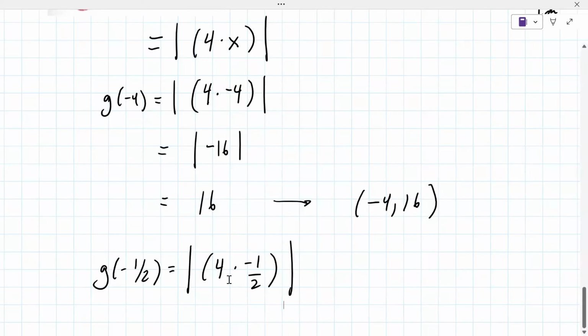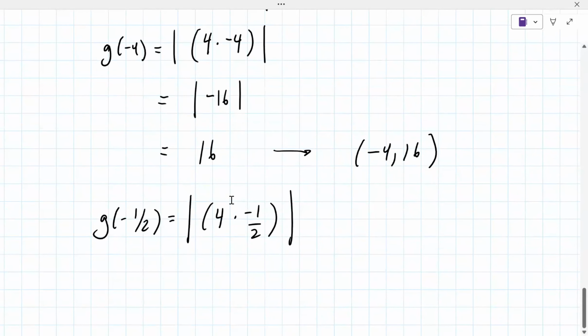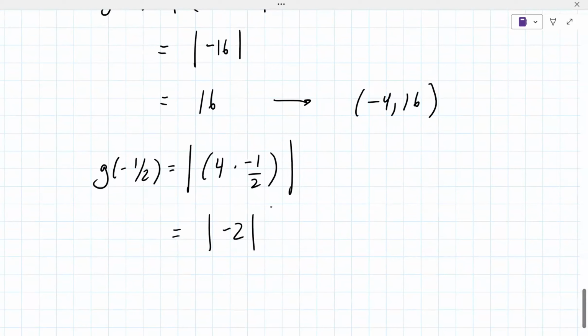What is half of 4? 2. Okay, so then it's negative 2. What's the absolute value of -2? 2. It's 2. So this ordered pair becomes (-1/2, 2), because the x value comes first, and then the output y.